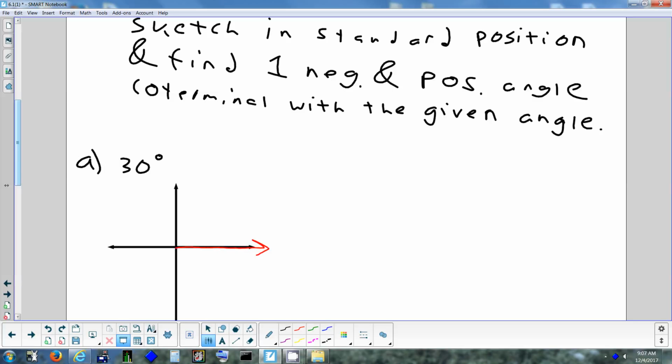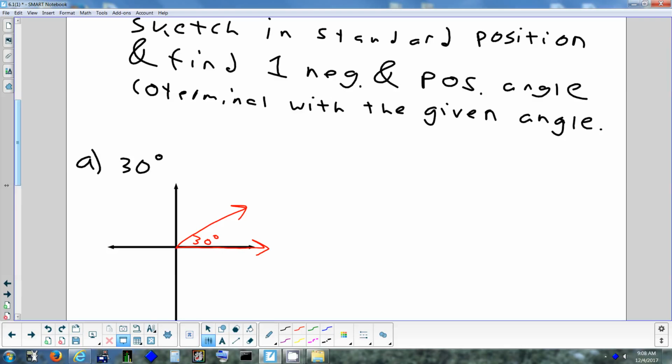Yeah. So a 45 would be like a line with a slope of 1. So we're going to go a little bit less than half. There's a 30-degree angle. Okay, so there's our angle.